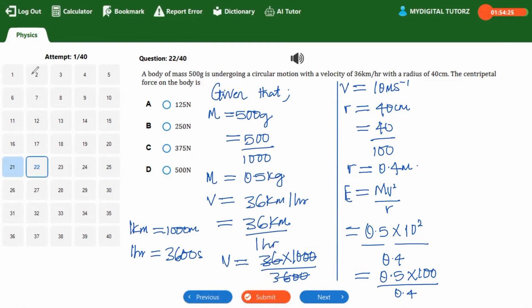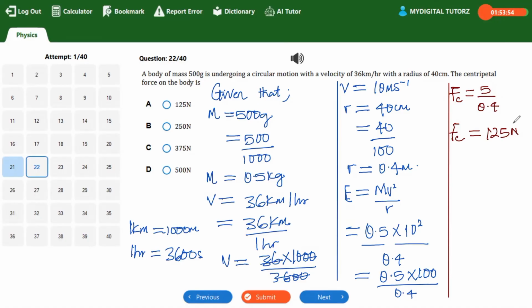So the centripetal force FC will be equal to 5 divided by 0.4.